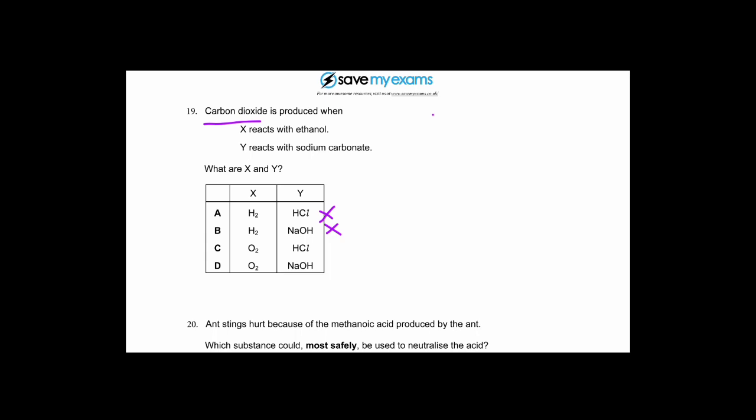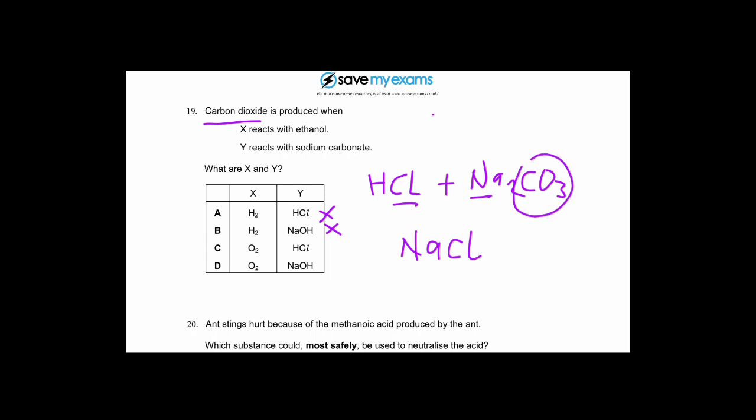Now, which substance is going to react with sodium carbonate to form carbon dioxide? I guess it should be HCl, because with HCl plus sodium carbonate, sodium will react with chlorine to form sodium chloride. When that happens, we are going to remain with a carbonate and hydrogen in solution.